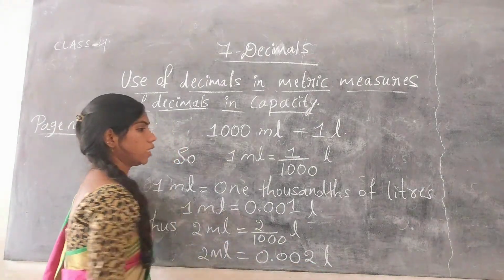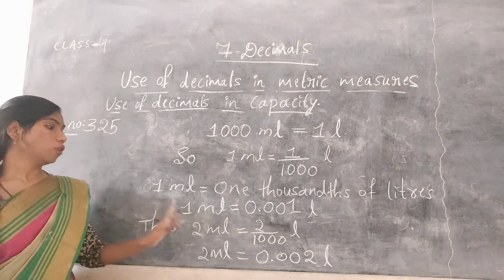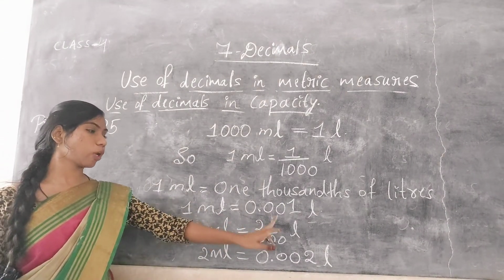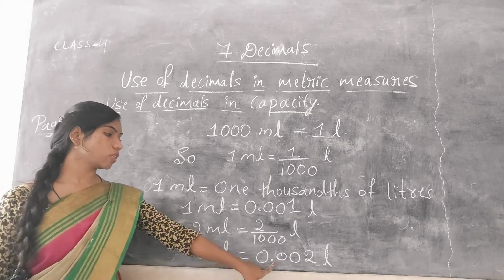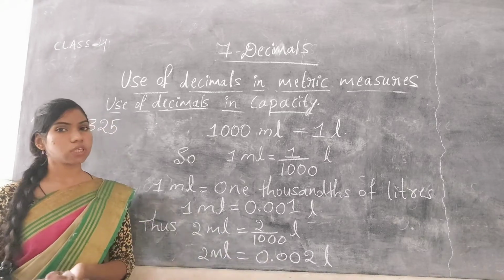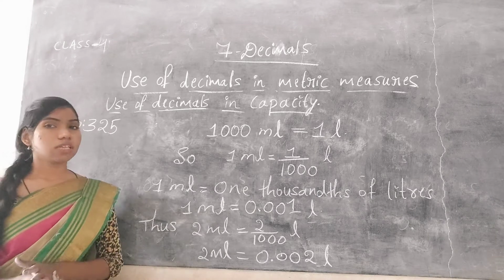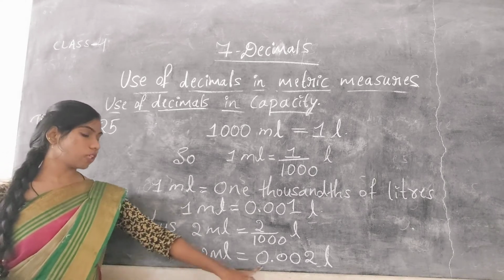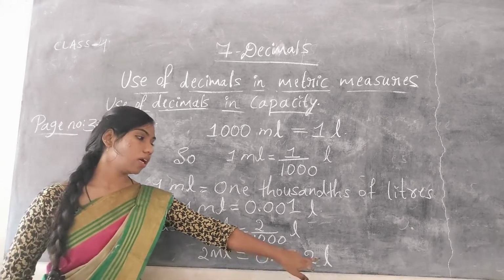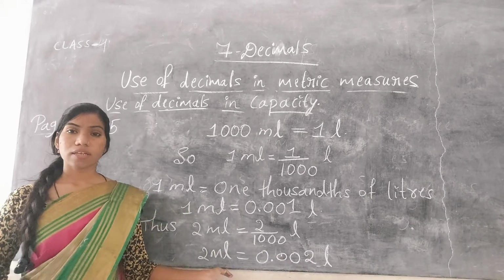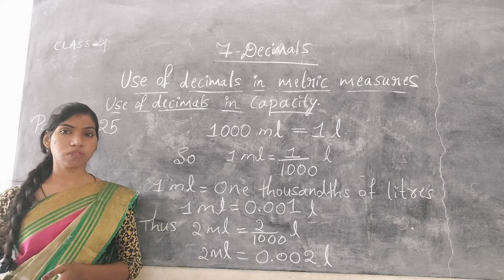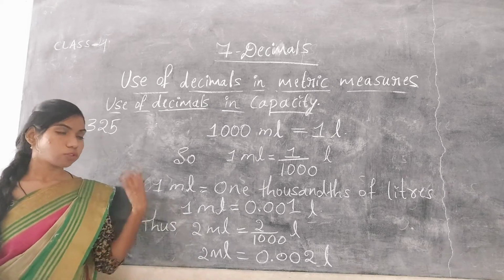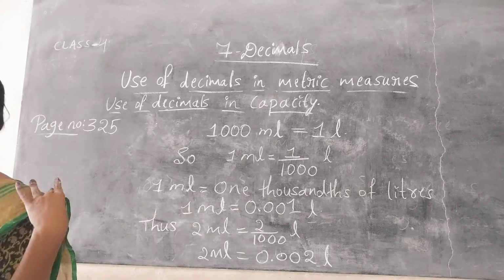Like that, 3 milliliters is equal to 0.003 liters, and 9 milliliters is equal to 0.009 liters. So write this down in your class work.